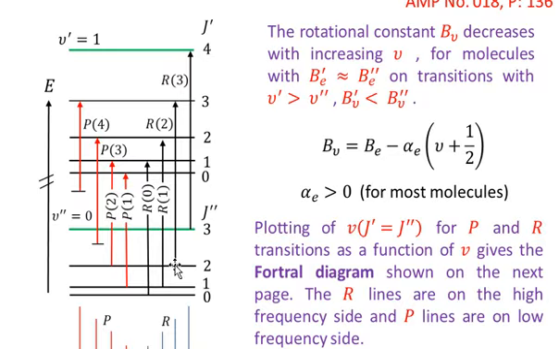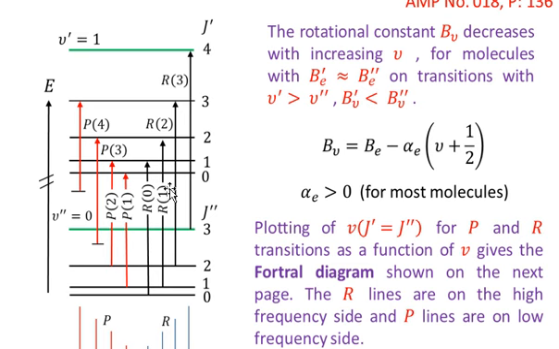And these transitions follow the rule that delta J is changing by +1. That is, the change in rotational quantum number is +1. And the other transitions, the P branch transitions, I am specifying P1, P2, P3, and P4. These transitions occur when the rotational quantum number changes by delta J is equal to -1.